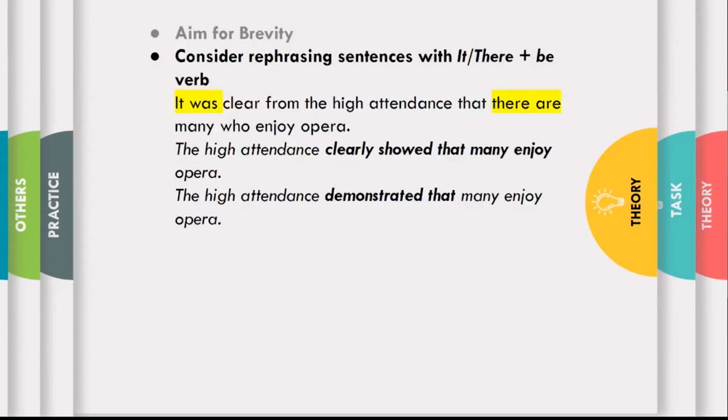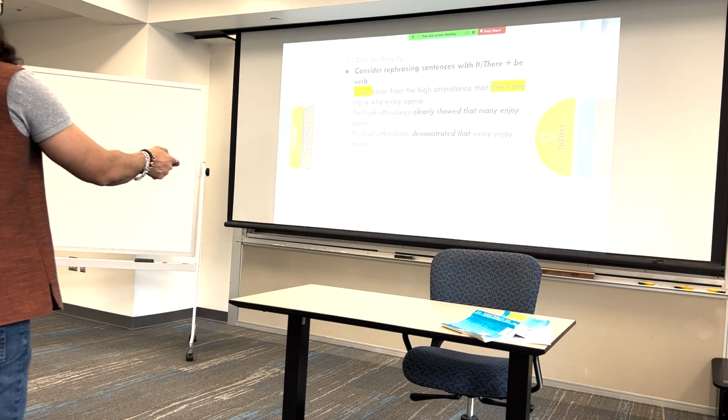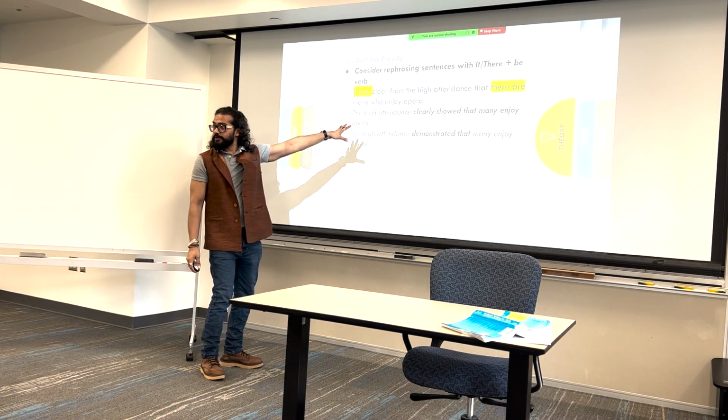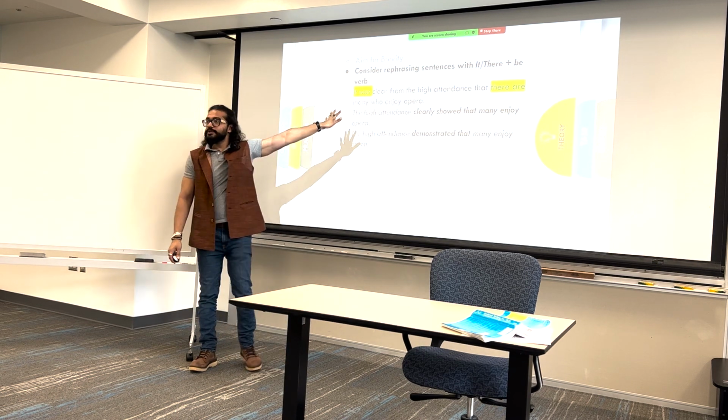Next, in academic writing, even if we are translating from a first language to another language, or even the way we talk, we often use introducing phrases like it was, or there are, in a sentence: there and it, plus an auxiliary verb. For example, it was clear from the high attendance that there are many who enjoy opera, which is grammatically correct, but it's verbose.